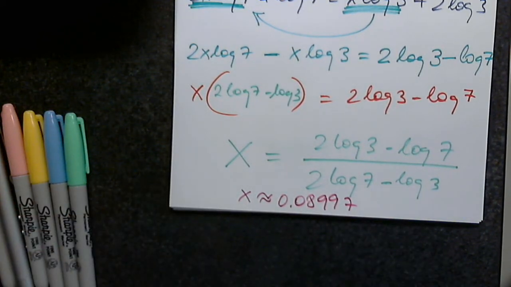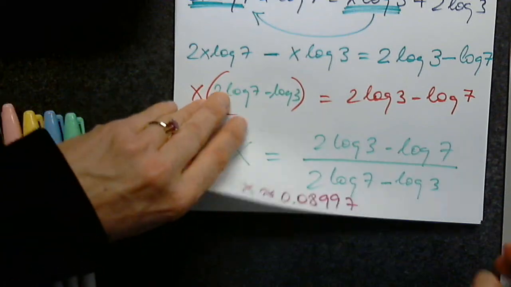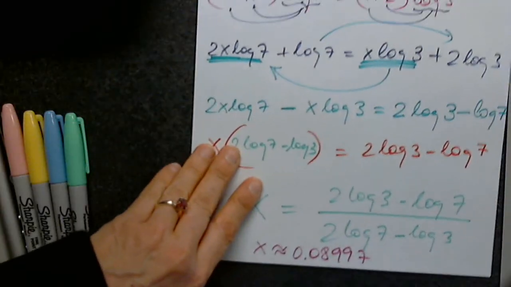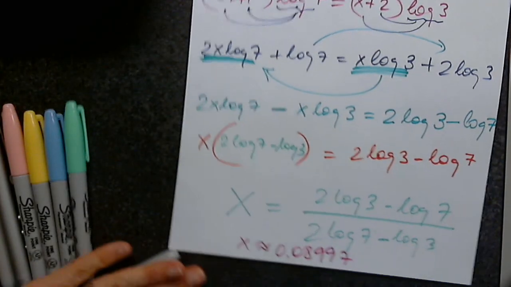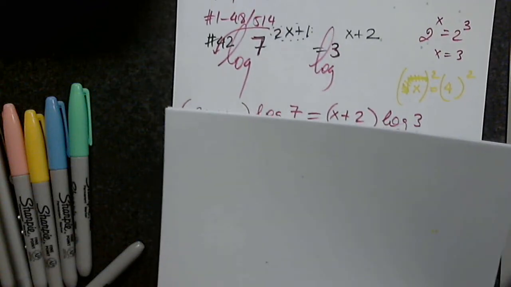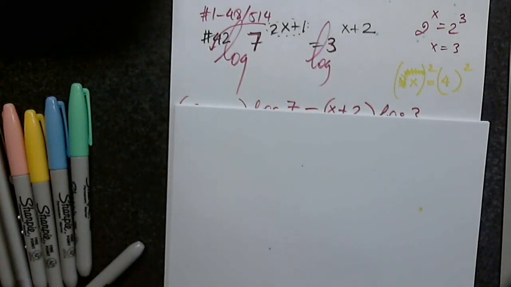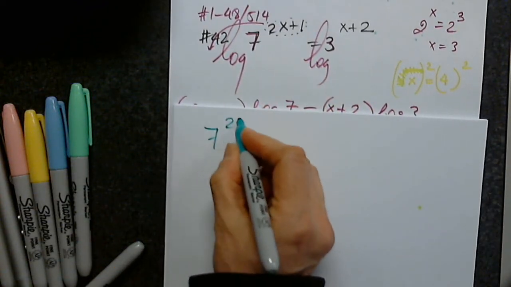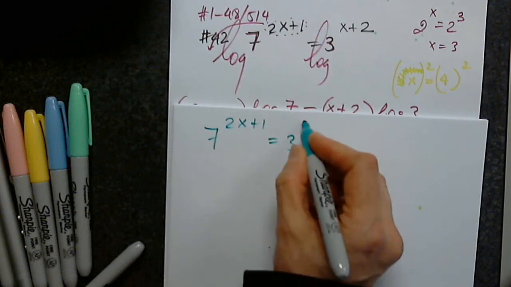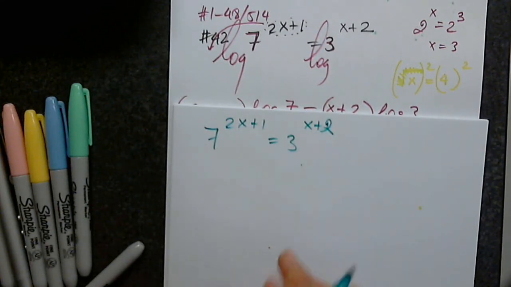How do I check my work? Okay, here's how I check my work. Please pay attention because I think it's useful to know. Here, so I have 7 to 2x plus 1 equals 3 raised to x plus 2.